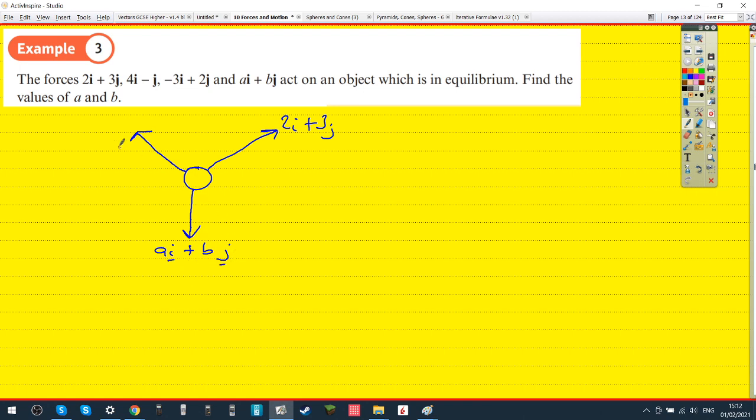And you have to say what is A, what is B, given that this thing is held in equilibrium.